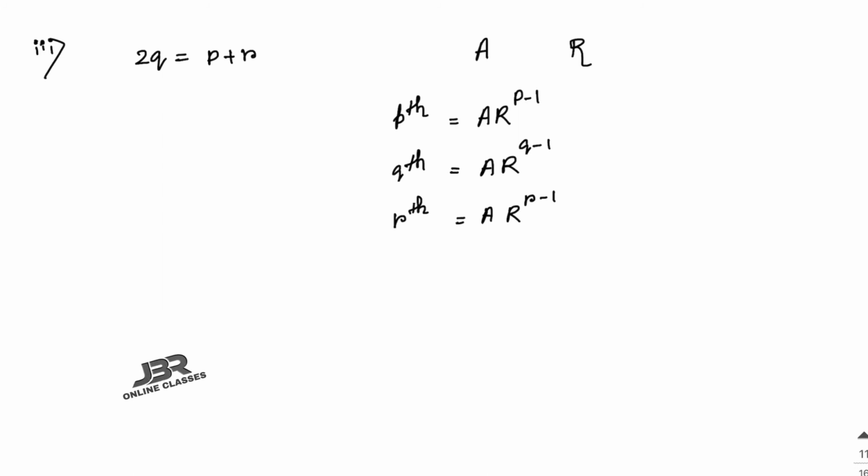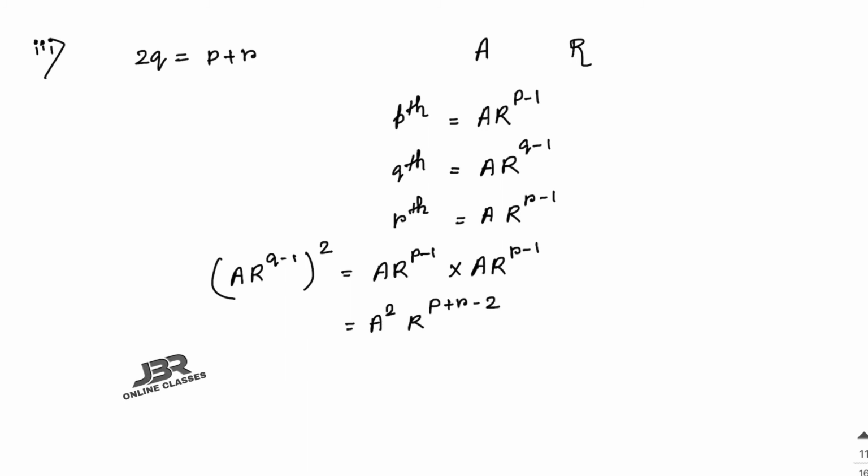Now if these three numbers are in GP, then definitely (A r to the power q minus 1) whole square equals A r to the power p minus 1 into A r to the power r minus 1. So here you can write A square and r to the power p plus r minus 2. Okay, p plus r minus 2.